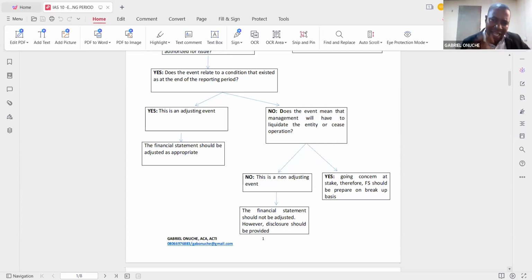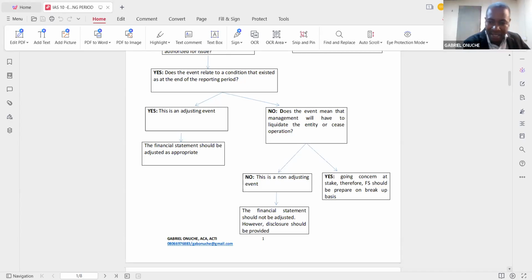Then, if the answer is yes to does the event mean that the management will cease operation or liquidate the company, then the going concern of that company is at stake or questionable. Therefore, the financial statement should be prepared on an appropriate basis, not on a going concern basis.